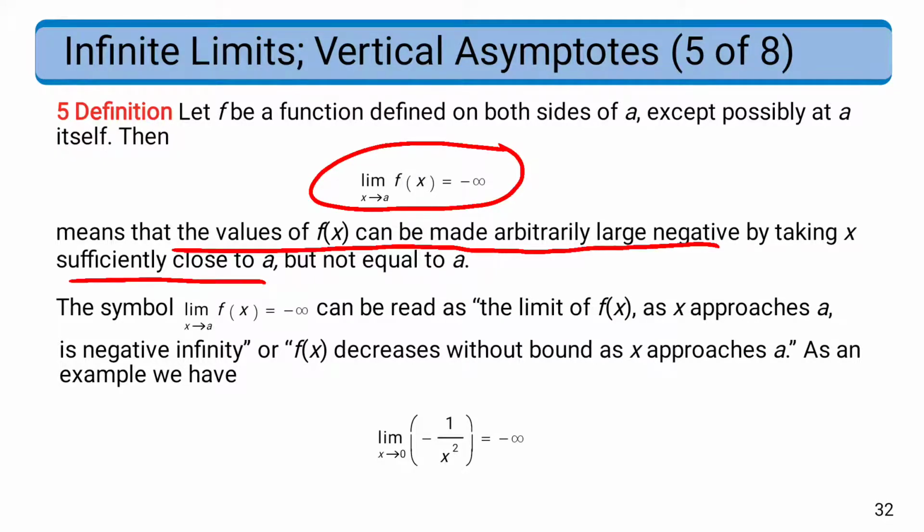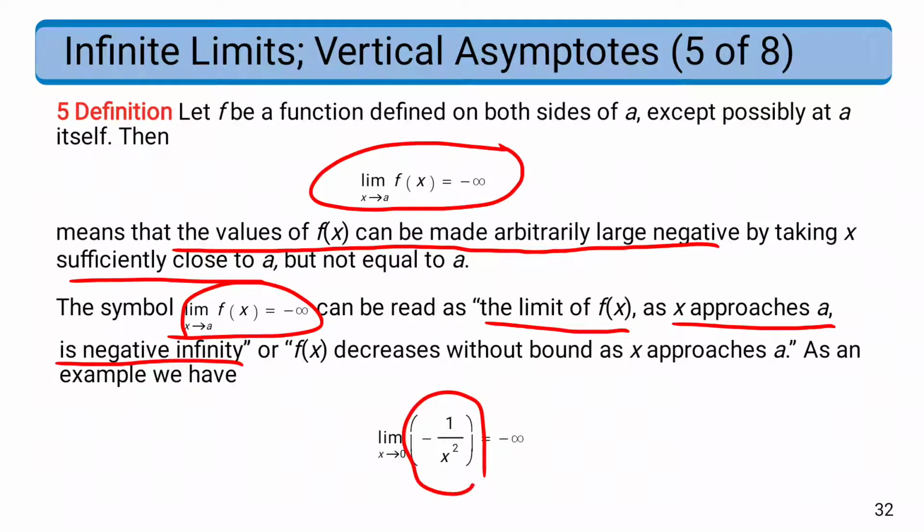We don't need to reach a. This can also be read as the limit of f of x as x approaches a is negative infinity.